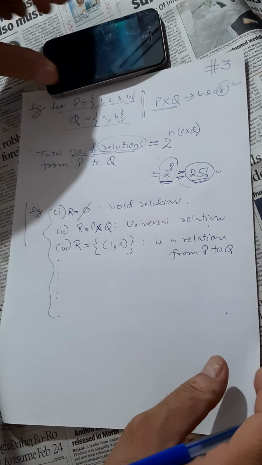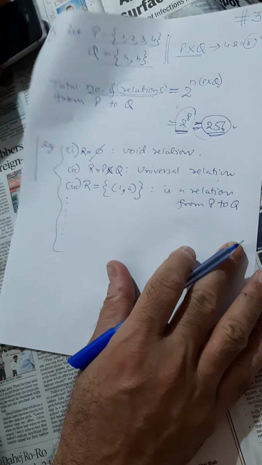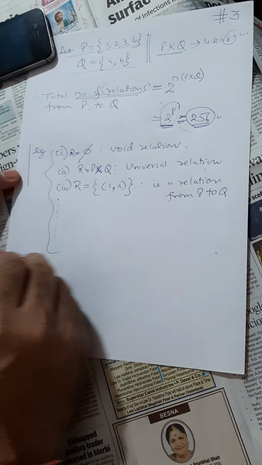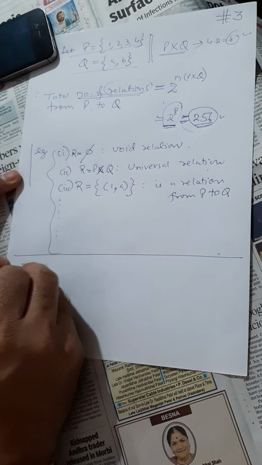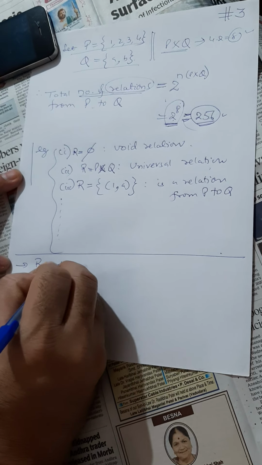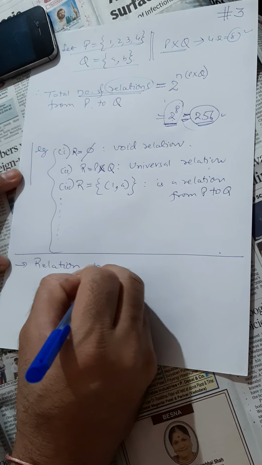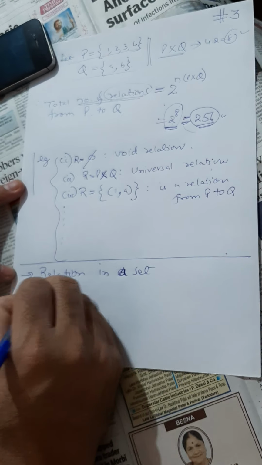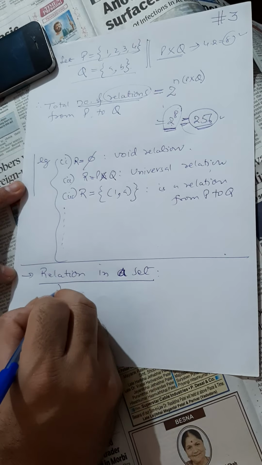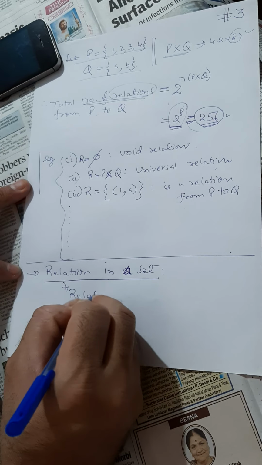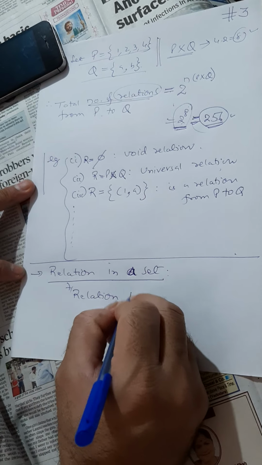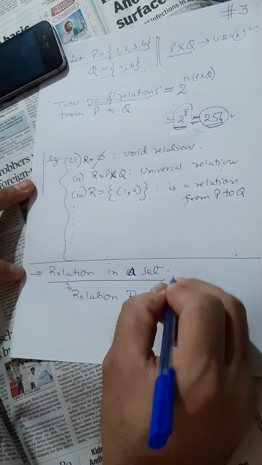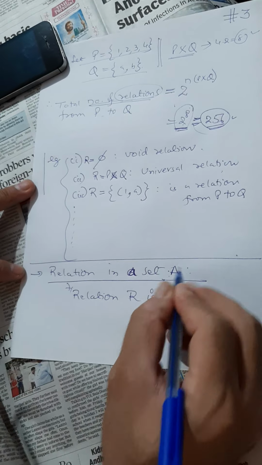Okay, that's one thing. Sometimes, instead of two different sets, we may have a single set. So, a relation in a set. Here relation R is in a set A, let me call it.